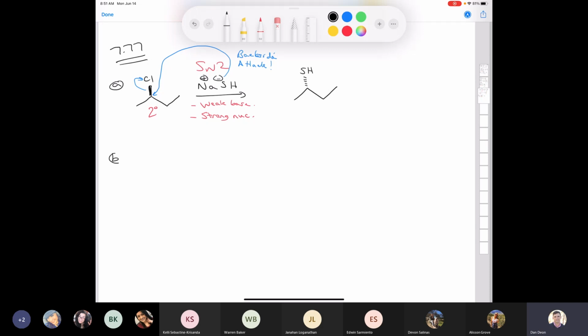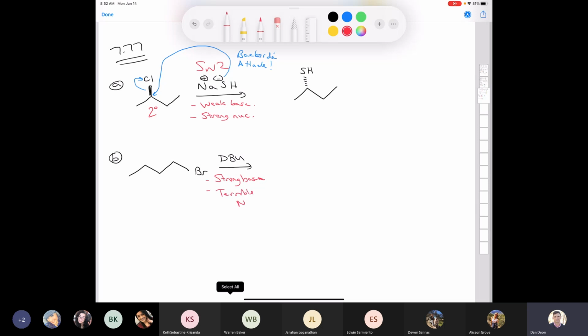Another reactant that didn't show up a lot in our conversation last week would have been DBU. DBU is probably the worst nucleophile ever, but it's a very strong base. So strong base, and I know in the book it probably says weak nucleophile, but you could even put here terrible nucleophile.